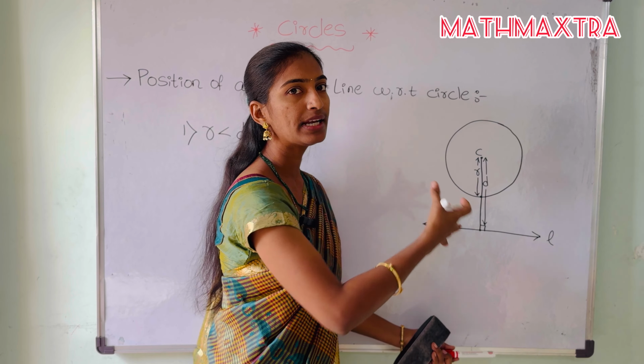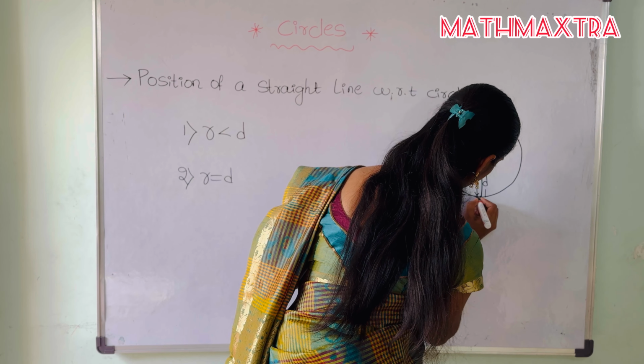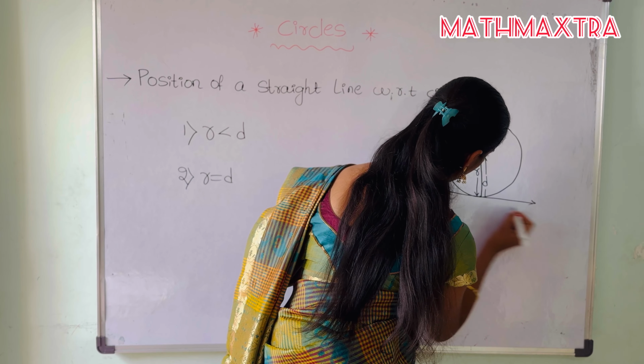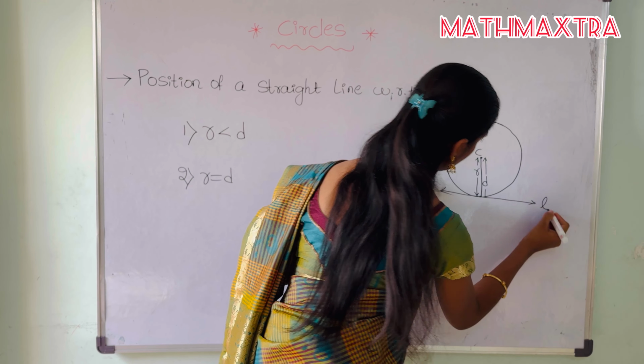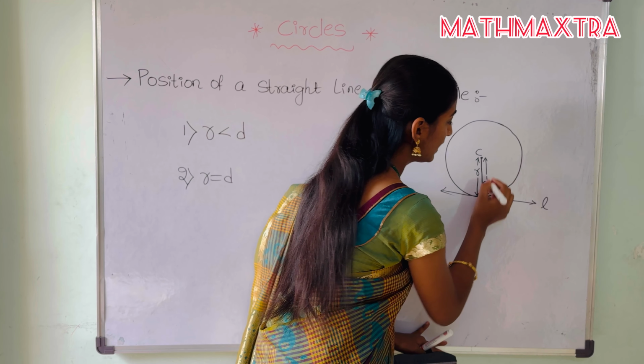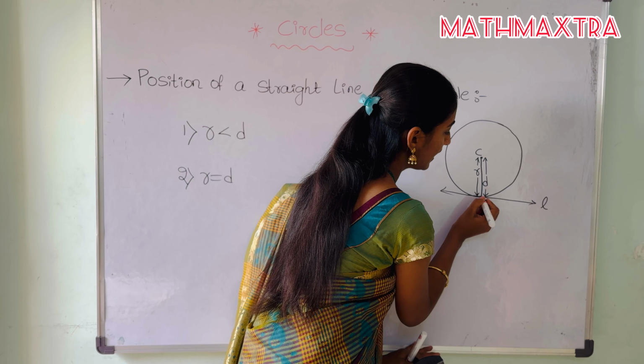If you consider the second case, that is R is equal to D. R is equal to D means the radius as well as the distance between the center and the line are equal. So in the second case, R is equal to D. Means the radius of the circle is equal to the distance between the center and the line.